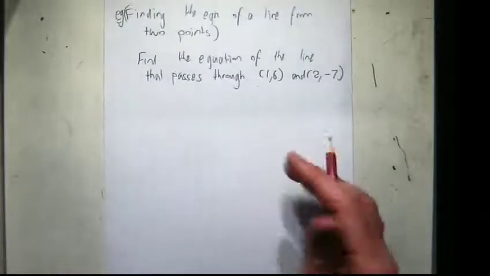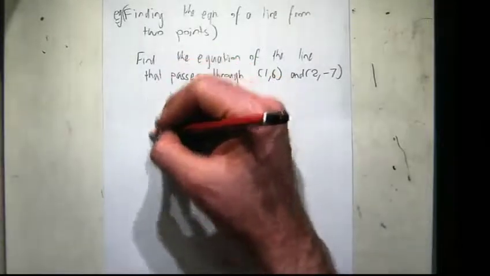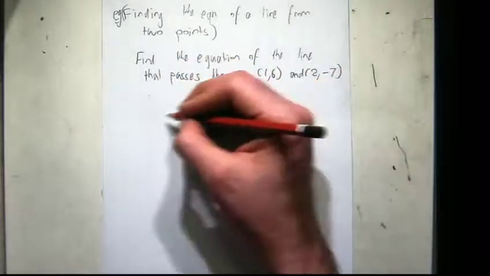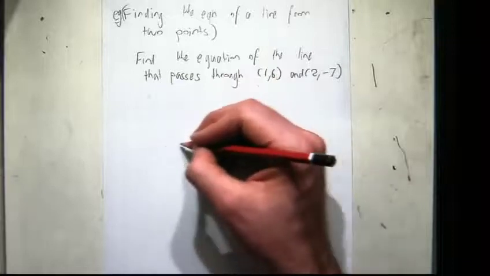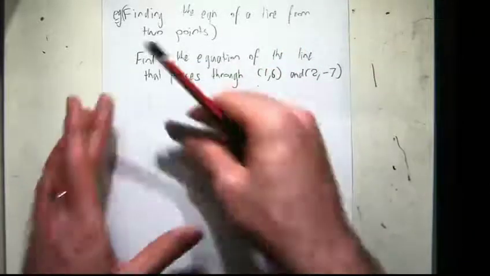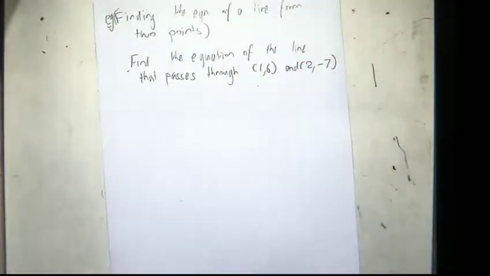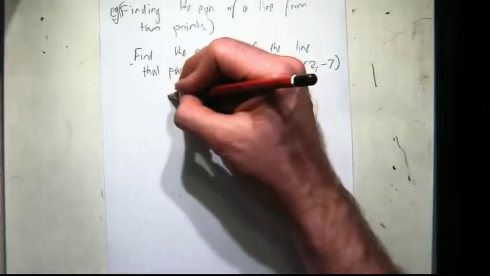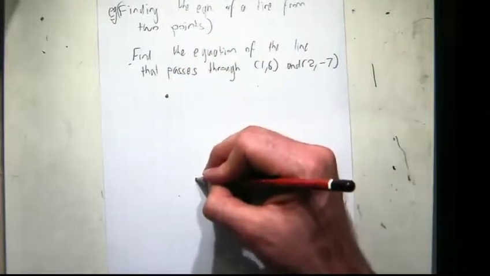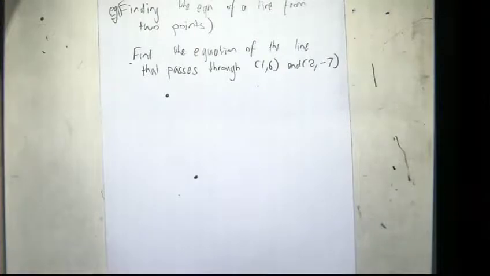(1, 6) is about here. Sorry, (1, 6). I'm trying not to draw the y-axis and the x-axis in because I don't know where they are. (1, 6) is maybe up here, and (2, -7) is down here, and it passes through those 2 points.